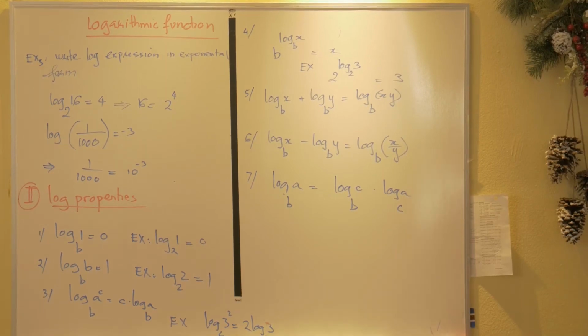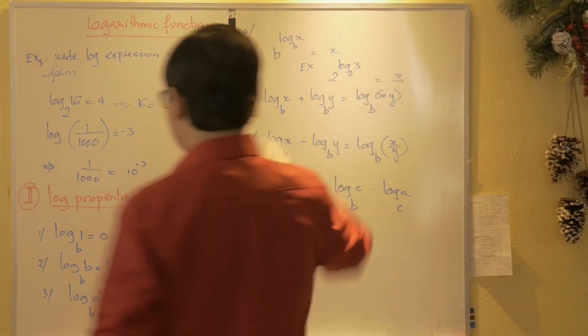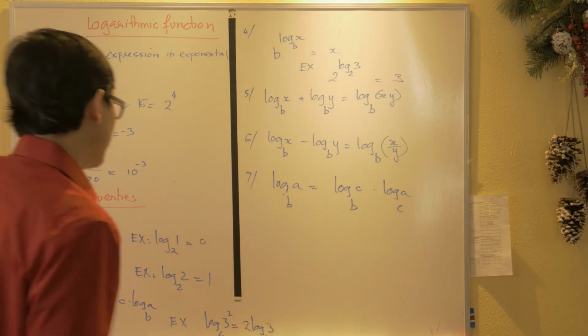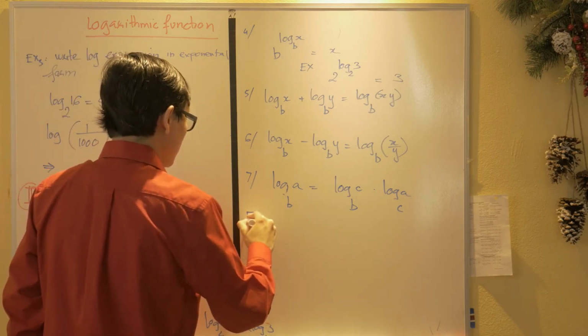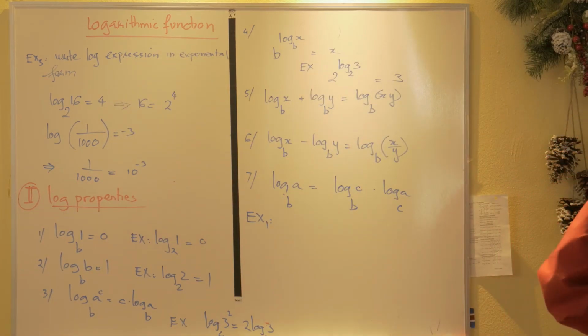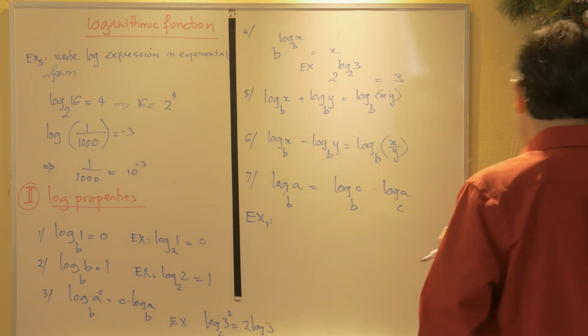So let me give you an example using the log properties to expand the log expression, or compress the log expression. Example 1. I want you to write this expression as the sum or the difference.